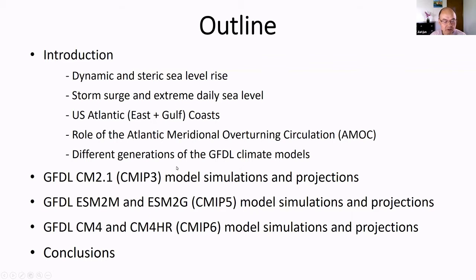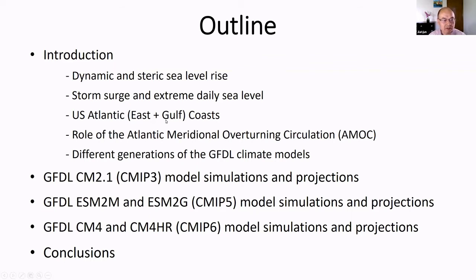These models include the CMIP3 generation, CMIP5 generation, and the most recent CMIP6 generation climate models. Because most of the climate models do not have an ice sheet component, the land ice melt part is not included in this talk. This is something I want to emphasize at the beginning of the talk.